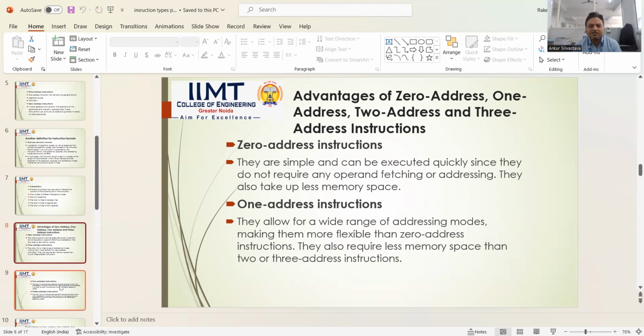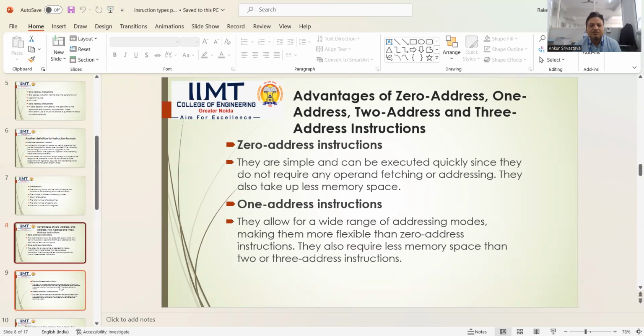They also take up less memory space. Why is this simple and quick to execute? Because it is holding only 0 address that works on the stack. We just insert the item, execute that item, and delete it. That means it is reading the instruction from the lower level to the upper level.